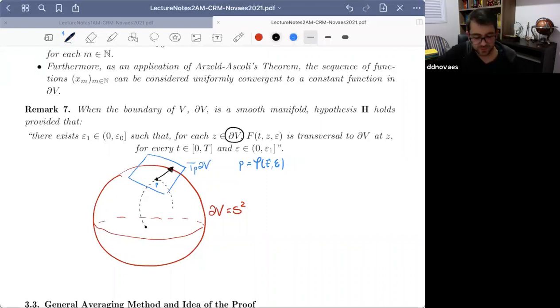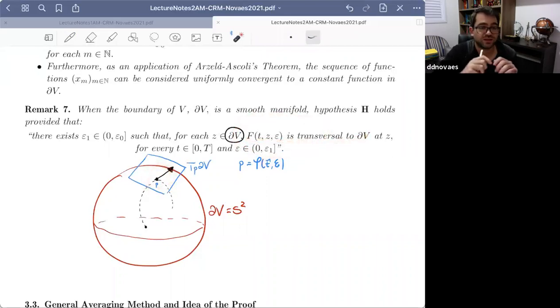So if this happened at this point, for some t and epsilon, this assumption does not hold. So if this is true, then this cannot happen.